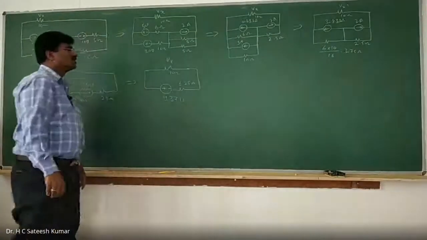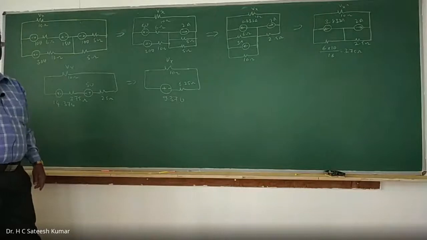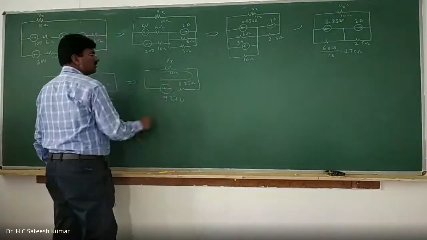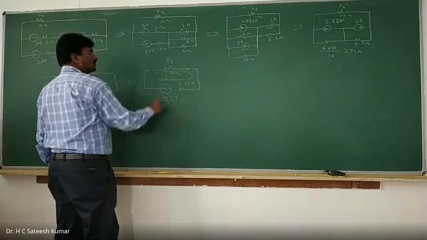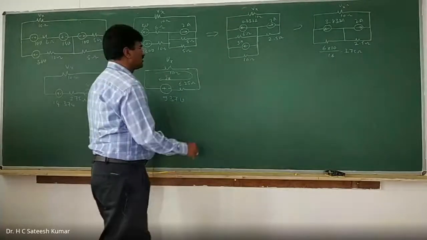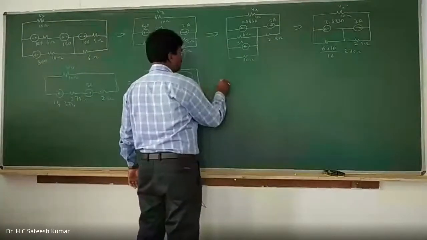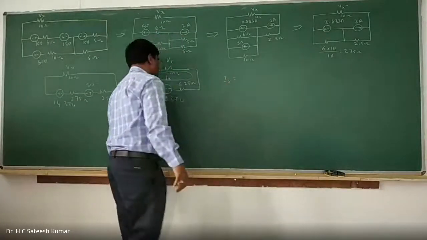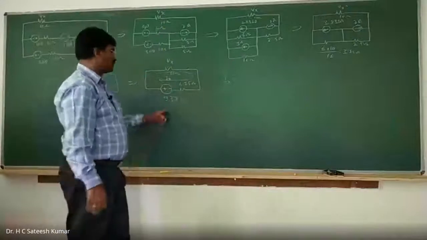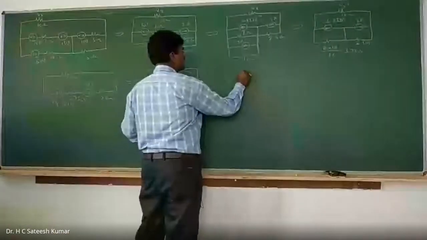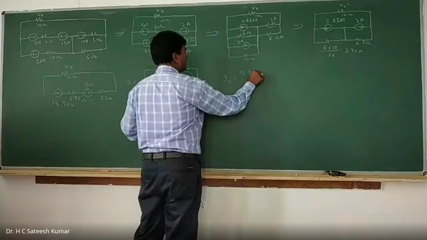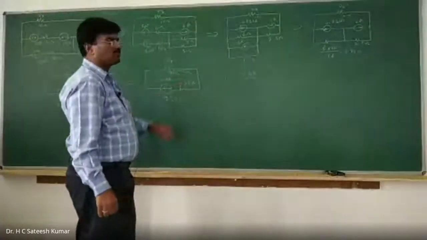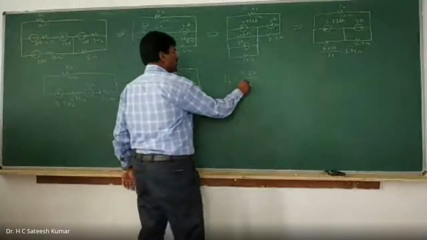Okay, now you find out the current flowing through this one. You should find out I, or you can call it Ix. Ix is equal to, if you don't want polarity directly, we can use Ohm's law, since your current only is being asked. Voltage divided by resistance. Voltage is 9.37 divided by resistance, which is 10 plus 6.25, 16.25.